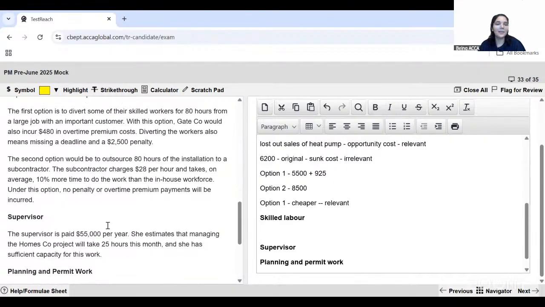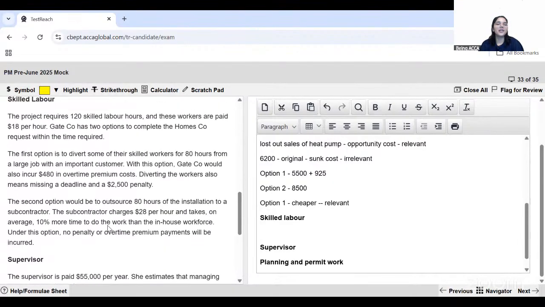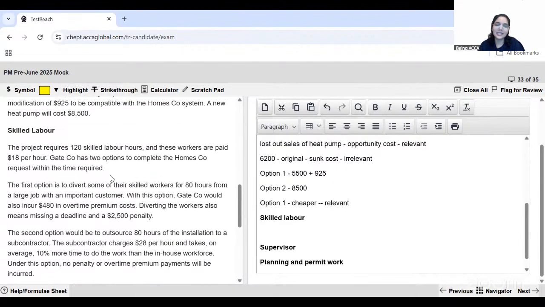About skilled labor, we see the project requires 120 hours in skilled labor. So we had to split our calculation in two parts. Firstly, the 40 hours are charged at the normal price of 18. This is something that you do specifically for the project, incremental, hence considered relevant. Now, talking about the remaining 80 hours, we had two options. What were the two options?